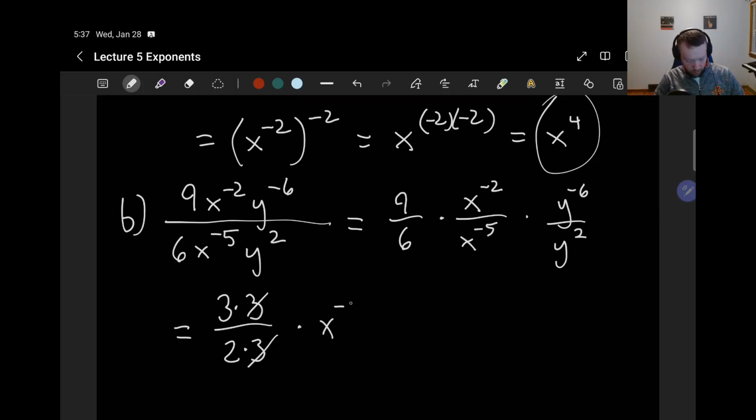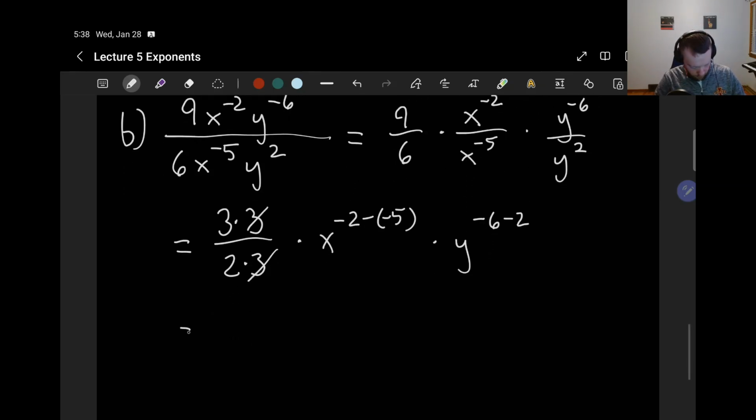With the x's, remember that we do a bit of a subtraction problem with the exponents, and then a difference with the y's as well. So that becomes a -2 plus 5, and a y to the -8.